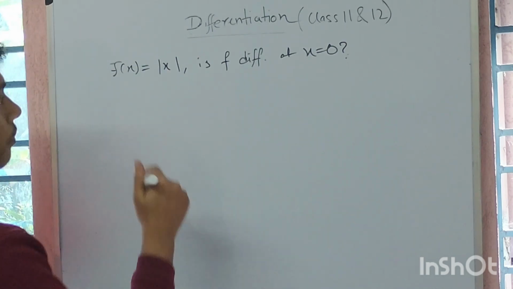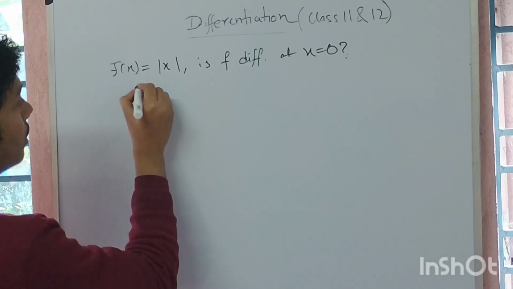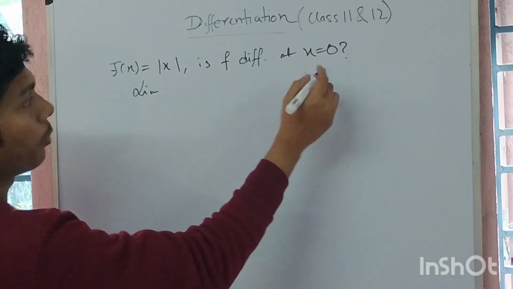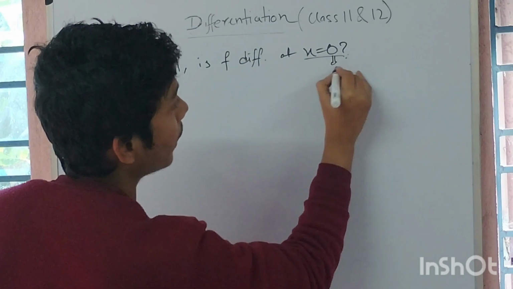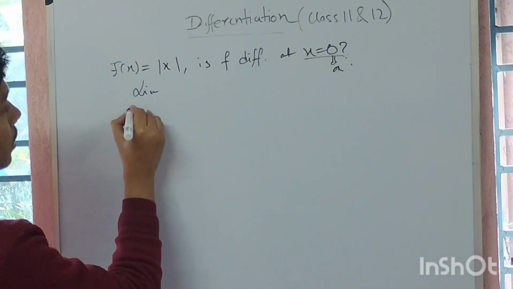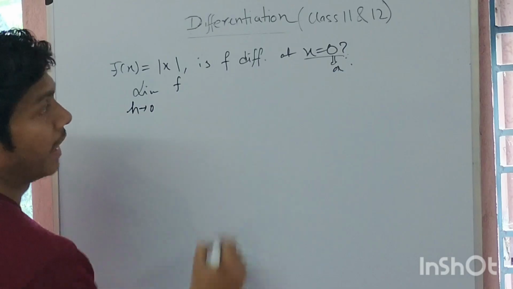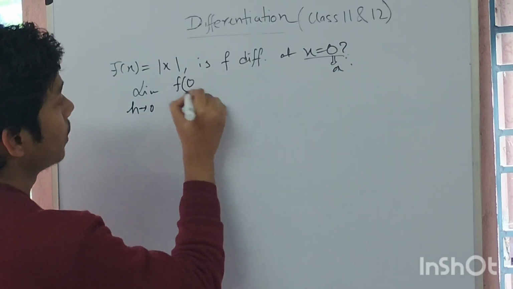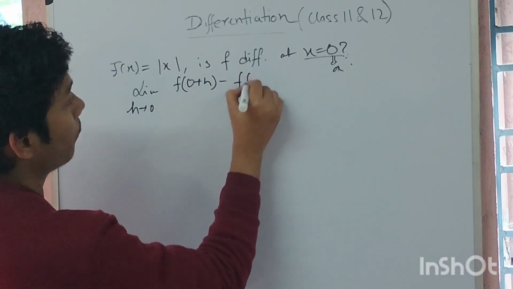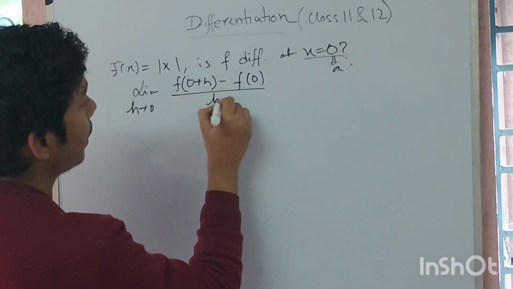Just go to the first principle, that is its definition. Limit, the point is x equals 0, so this is my a. So it will be limit h tends to 0, f of a plus h, this is f of 0 plus h, minus f of a, meaning f of 0, by h.